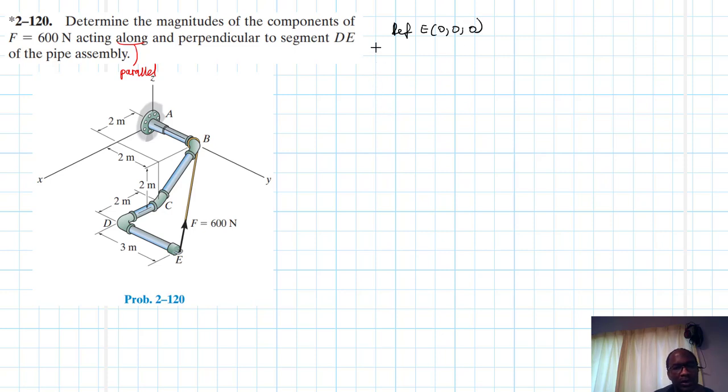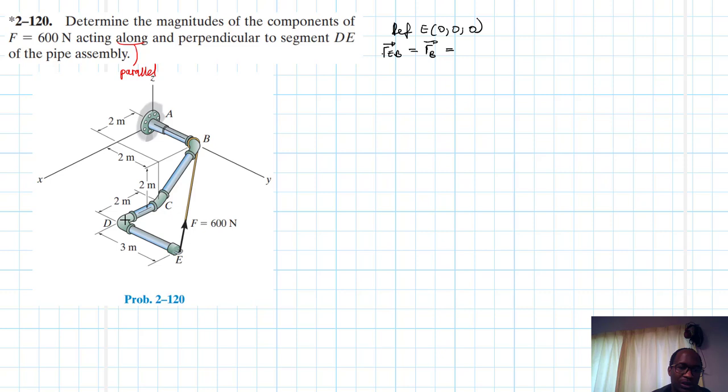Now let's find the position vector EB that will help us to convert this particular force into a force vector. So I'll say r_EB, which is just also equal to r_B because E is my reference. So this is just going to be equal to, what are the coordinates of B with respect to E as our reference?